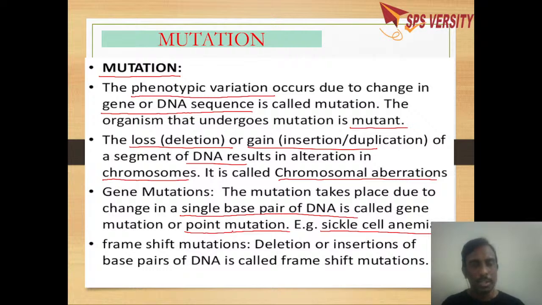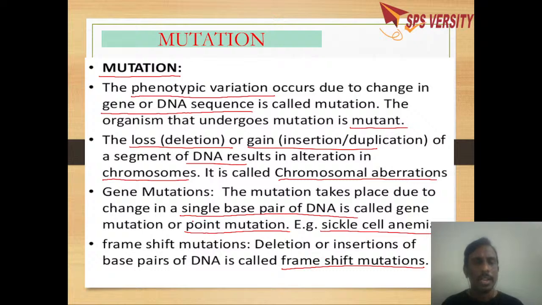Here, the deletion or insertion of base pairs of DNA is called frame shift mutation. One base pair change will alter the next sequence of DNA. That's why it is called frame shift mutation.